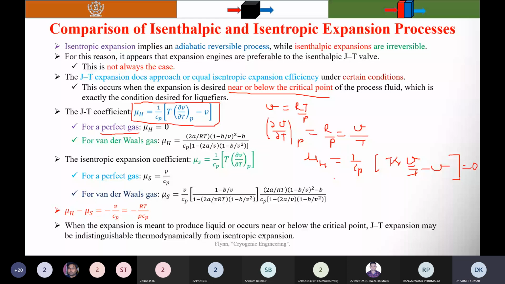So that's why we are getting mu H equal to 0: if you are decreasing the pressure, the temperature does not decrease. This is the case for the perfect gas.